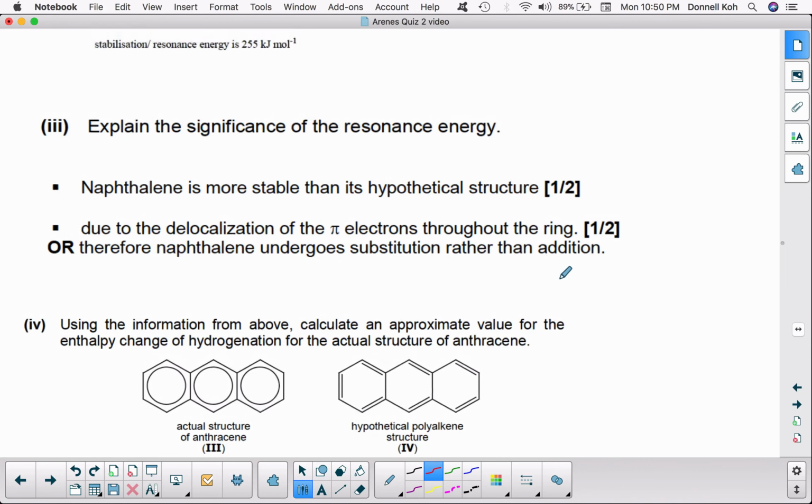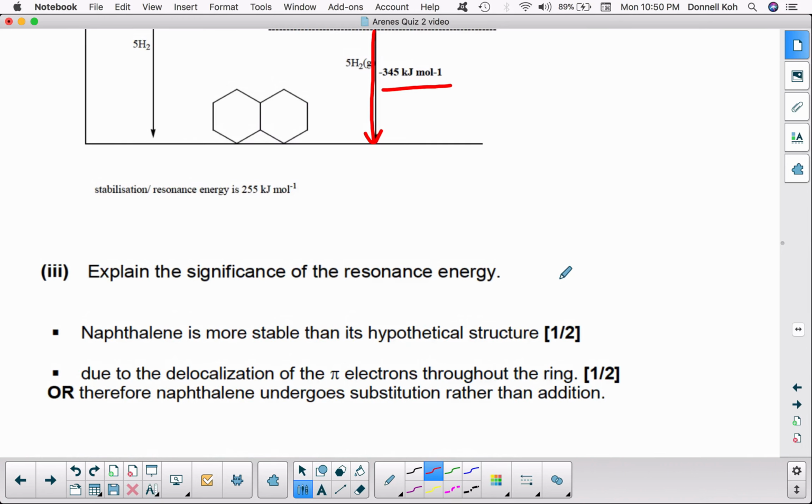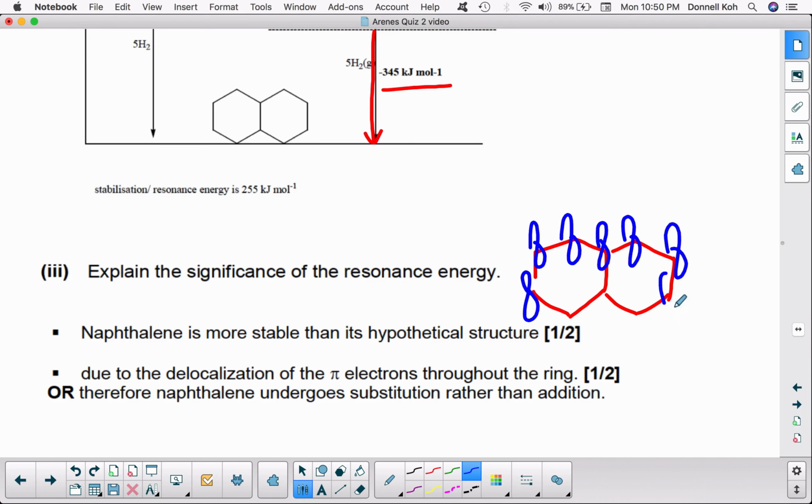So explain the significance of the resonance energy. So naphthalene is actually more stable because it has all these p orbitals, all right, and the pi electrons in these p orbitals can actually delocalize, right?